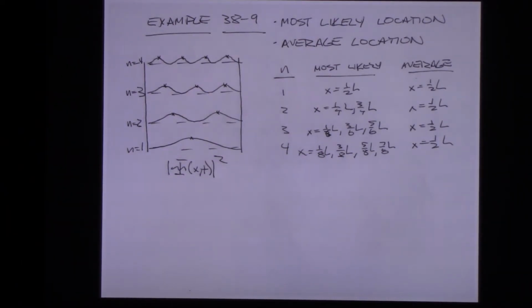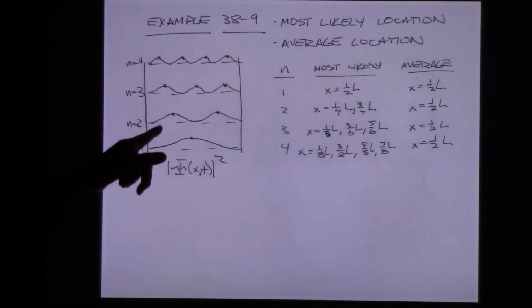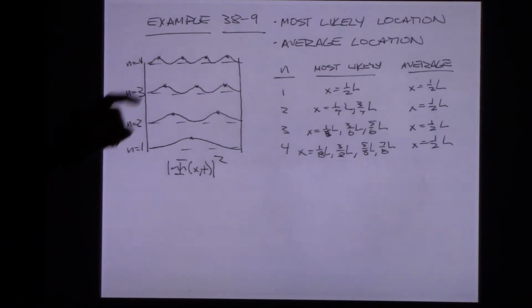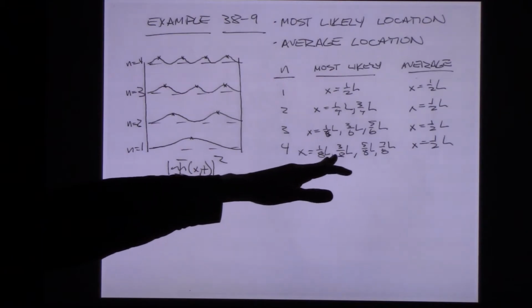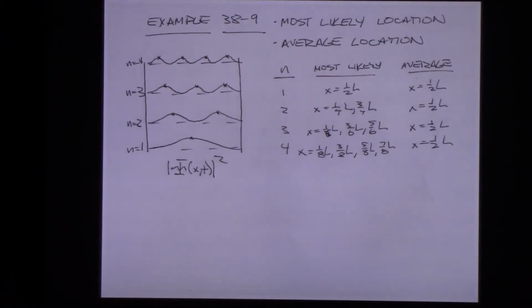And then for the fourth, you guys can see the pattern. I drew a fourth one here. I should have done that for the probability so we could see that that was 25% of the probability. But the peaks, the most likely values, are going to be those 4 evenly spaced 1/8, 3/8, 5/8, and 7/8 L's. That's where they would be.